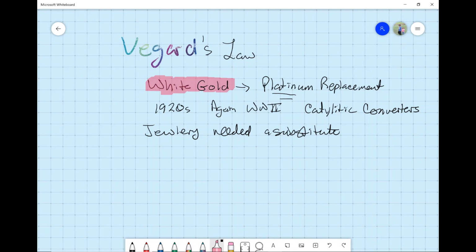And in general, white gold is usually a white metal. And I think the first one, they make it out of palladium and gold, not copper, because that would be red gold.